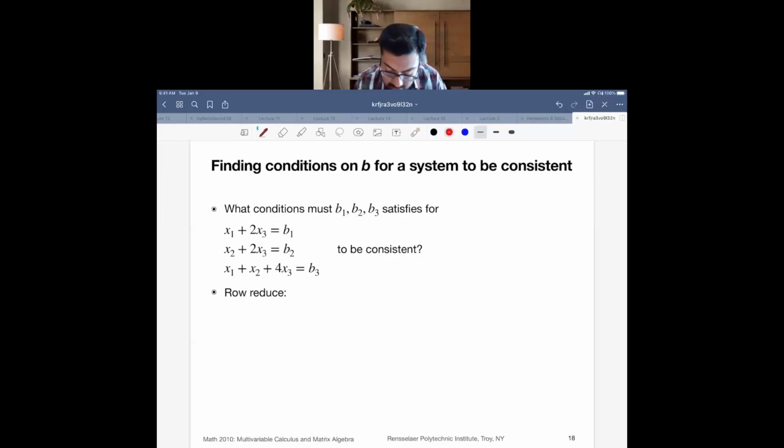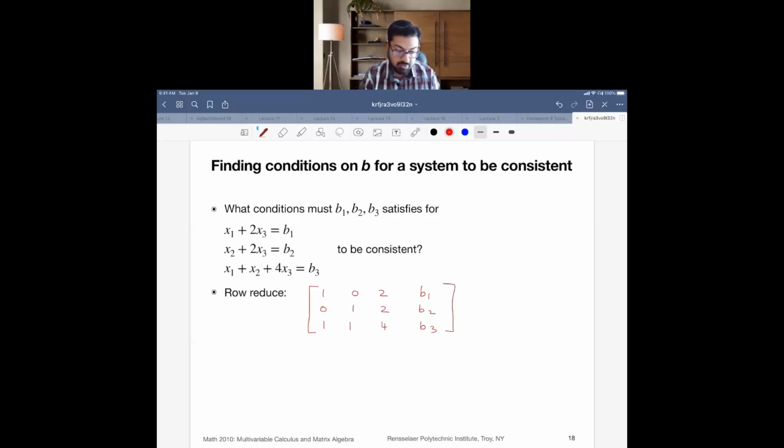So I'm going to start with the augmented matrix. I have the coefficients of x1, x2, x3: 1, 0, 2. And then for the right hand side column, I have B1. That's my first row in the augmented matrix. Then I have 0 for x1, 1 for x2, then 2, then B2. Then I've got 1, 1, 4, B3, right?